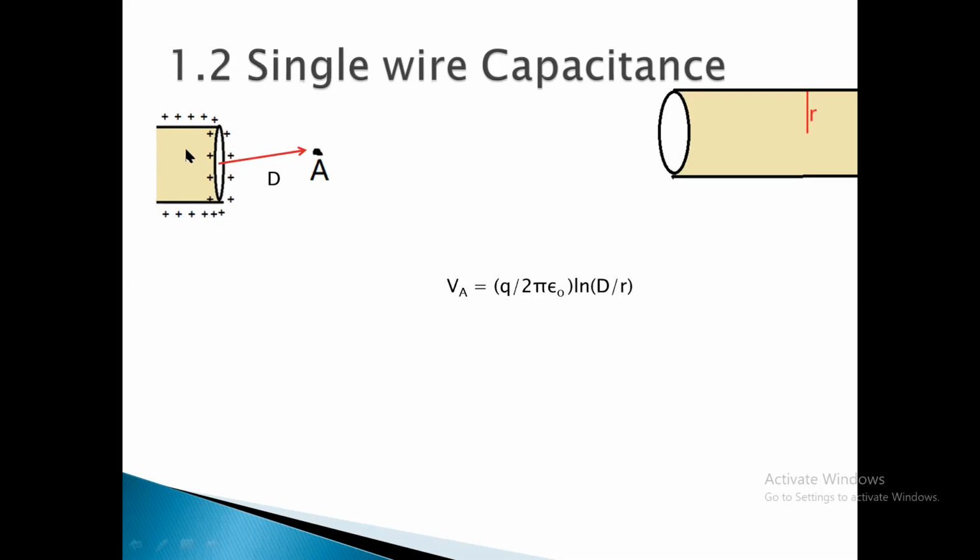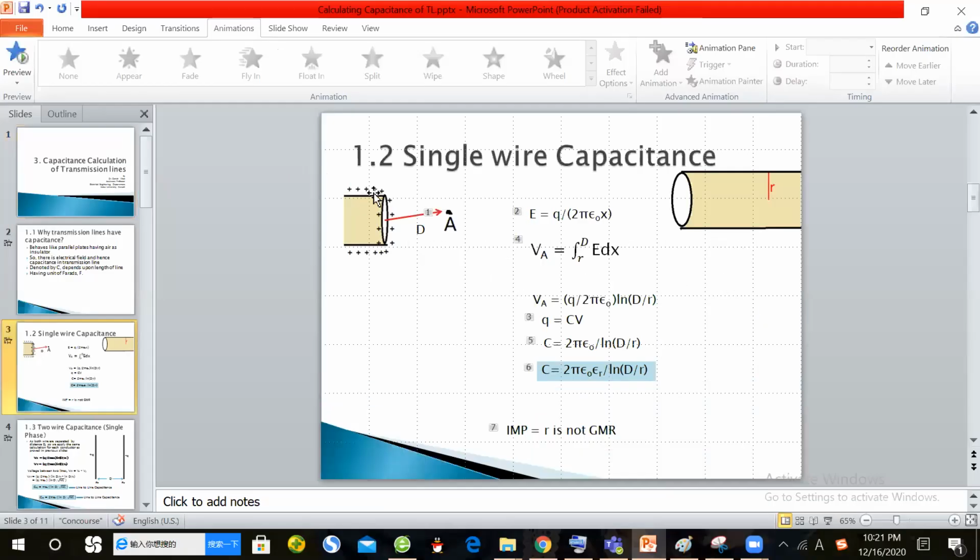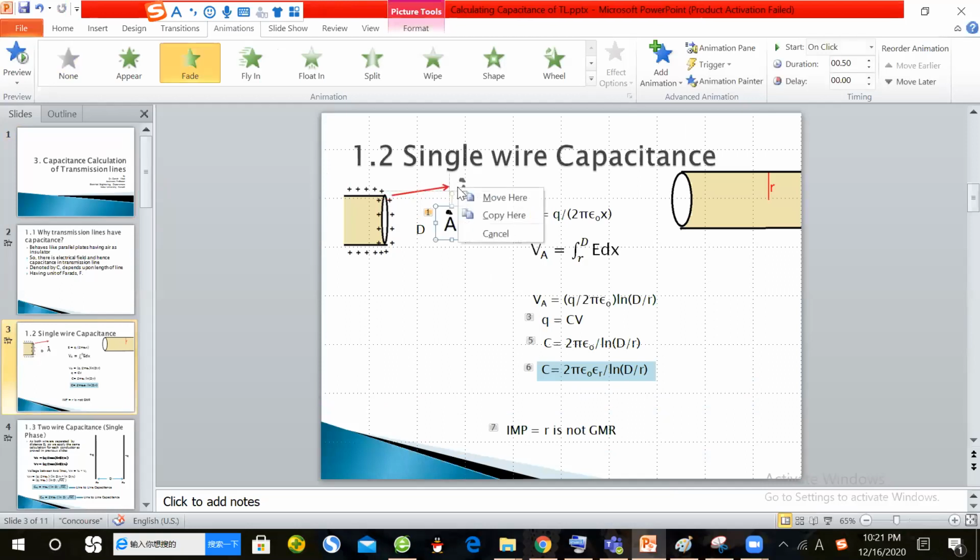The difference is that in the case of inductance, we considered the distance from the middle of the conductor. Here we can consider it from the surface of the conductor. You don't need to go far.